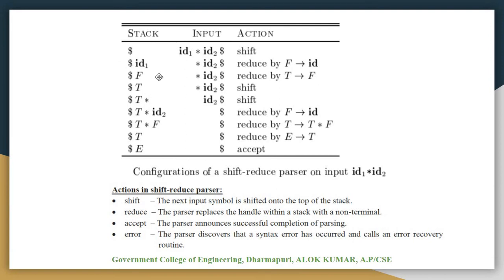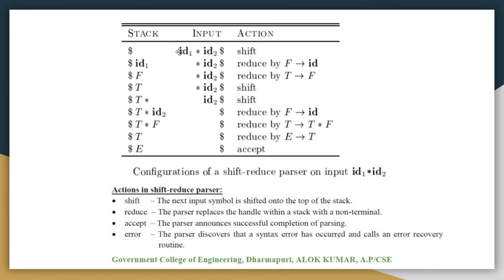You can see here the input we have taken is id * id, and the initial stack is empty. Four types of actions are there: shift, reduce, accept and error. Shift means the next input symbol is shifted on top of the stack.